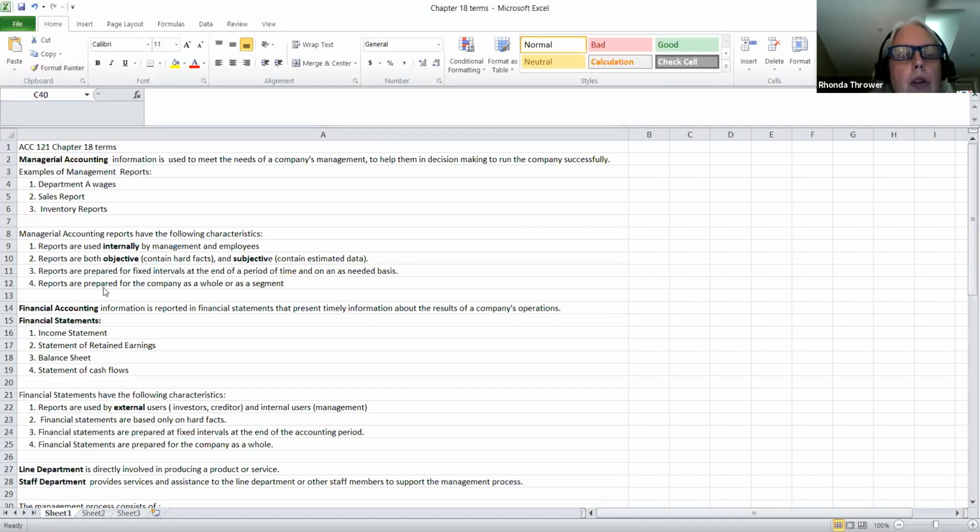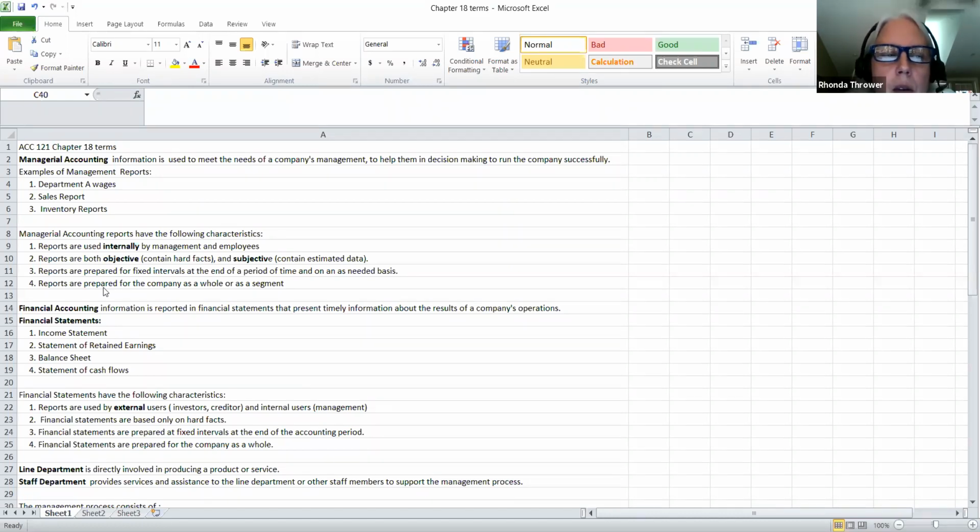Also, managerial accounting reports are going to be prepared for the company as a whole. Like the financial statements would be prepared for the company as a whole, or we might have segment reports for companies that have different segments that they are reporting information for.